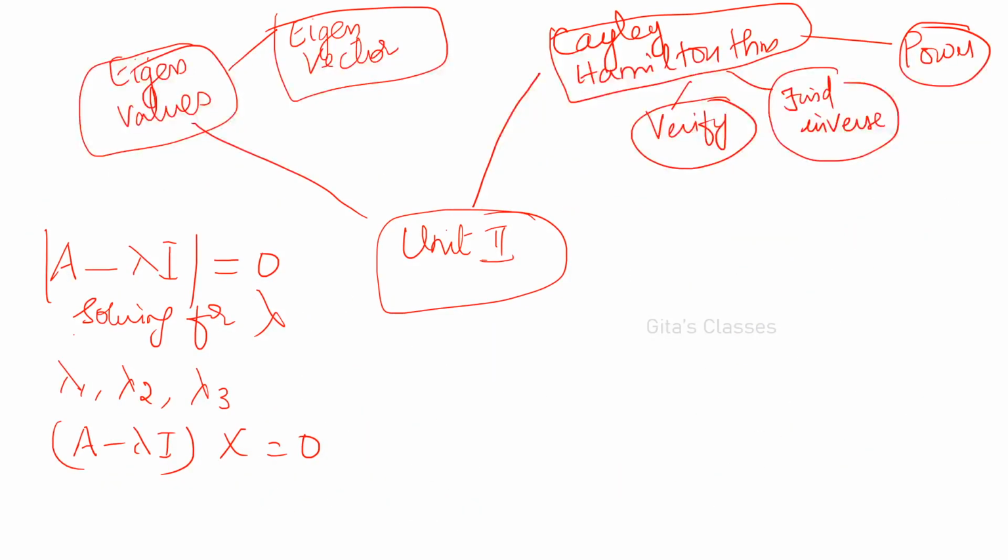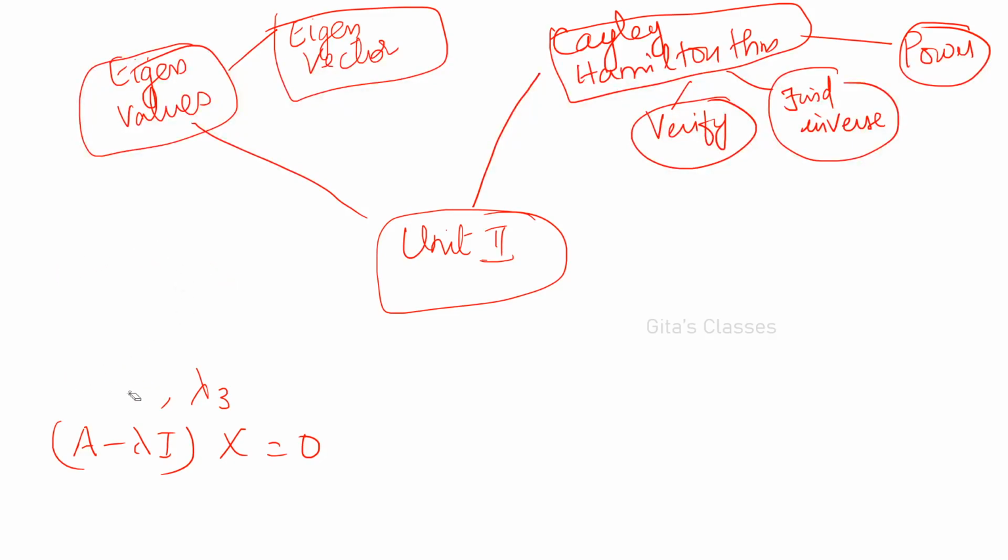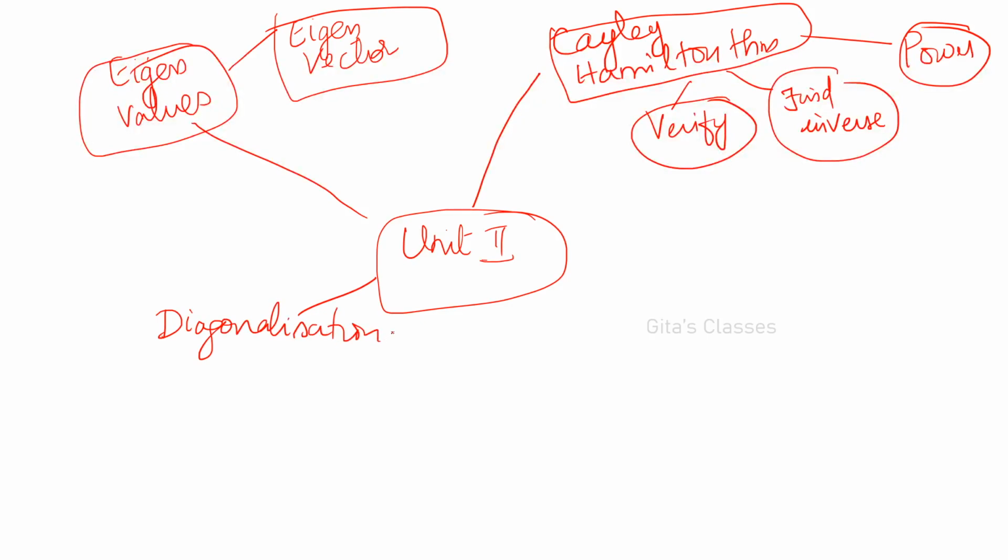Okay. Next is diagonalization of matrix. What is diagonalization of a matrix? A matrix A will be given.